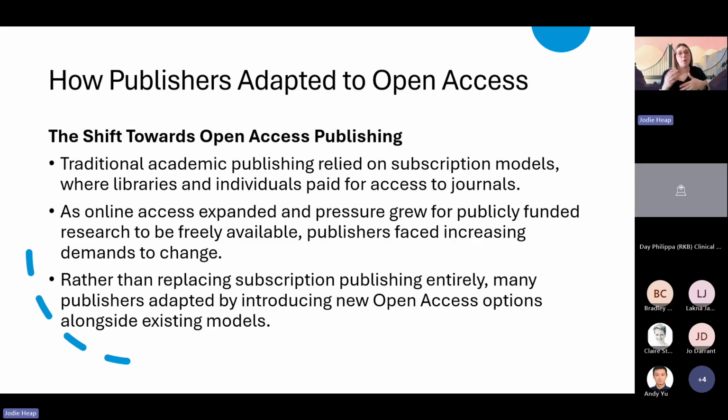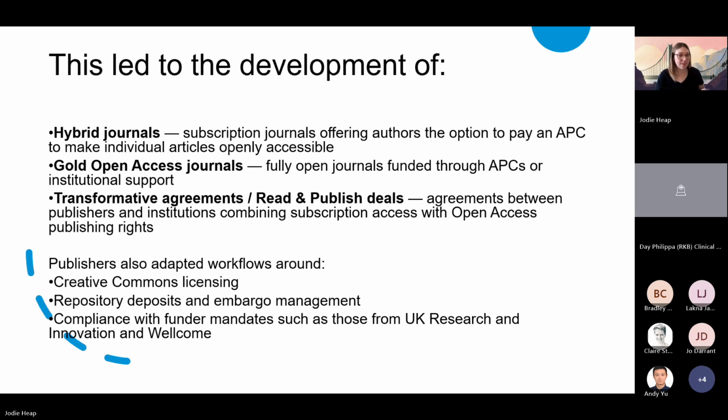There's growing expansion of online materials, things being shared, things being accessible. But you can't just make a sudden change to an entire ecosystem of publication. So alternative options started to be proposed, different models of making things open.